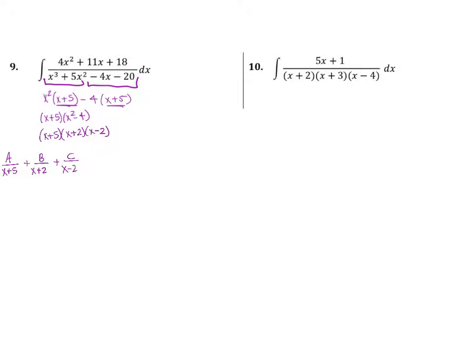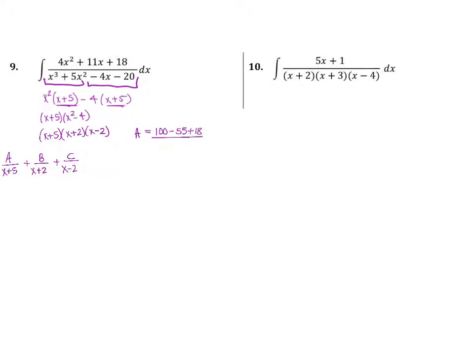And then to solve for A, we would plug in a negative 5. So that's going to be 4 times 25, so 100, and then minus 55, and then plus 18.